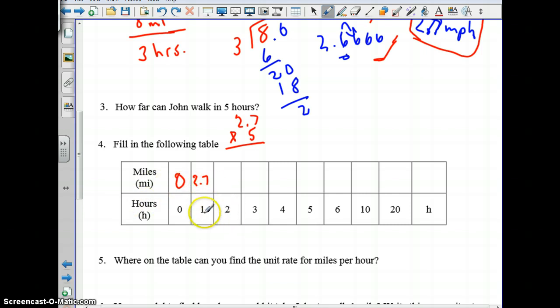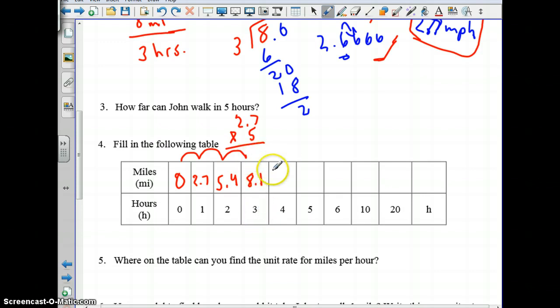After 2, if we keep going at this same rate and add 2.7 on, well, 2.7 plus 2.7 is 5.4. And every time it's going up by that unit rate, 2.7. So if we add another 2.7, we get 8.1.